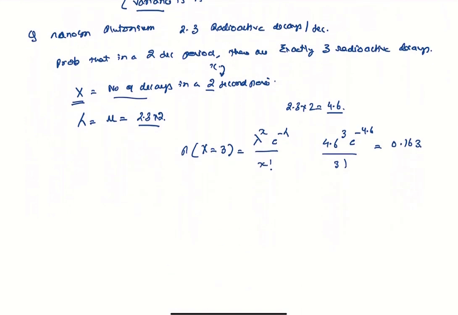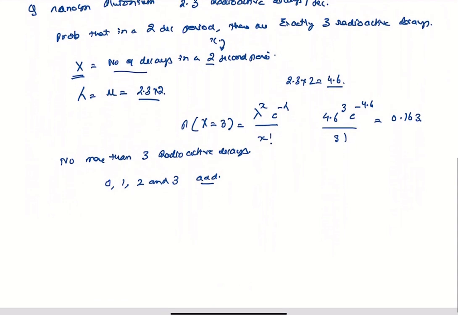Now suppose the question is no more than 3 radioactive decays. Then you will have to find the probability of 0, 1, 2 and 3 and then add them up.